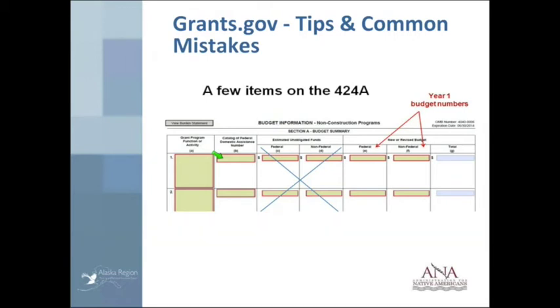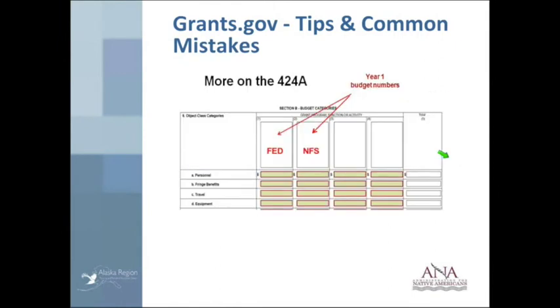And then since this is a new request, you use these columns here. So under the federal column E, you would put your year one annual federal request, and then in the second column F, you would put your matching or your non-federal share, and then the form will auto calculate a total here. So that's just a couple things to keep in mind on that.